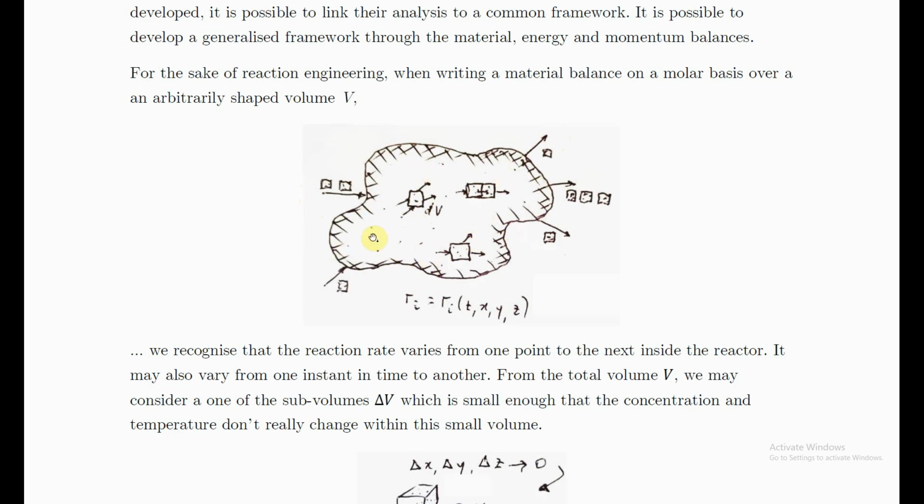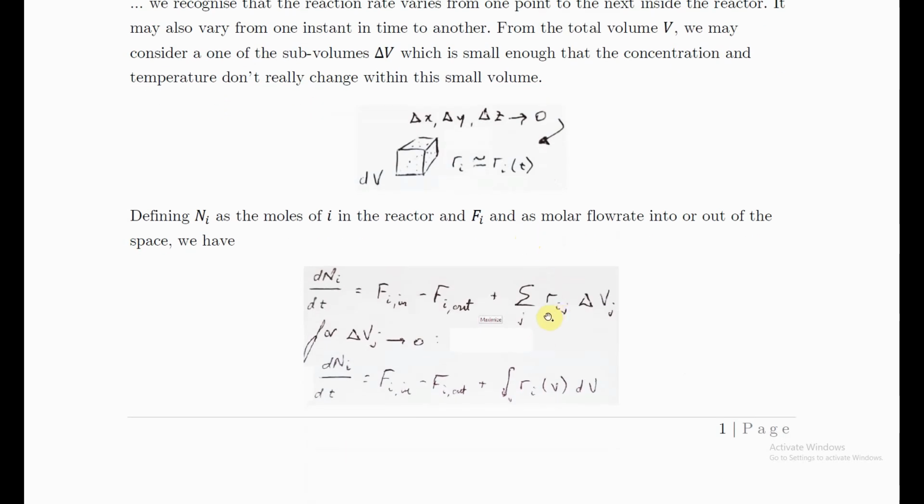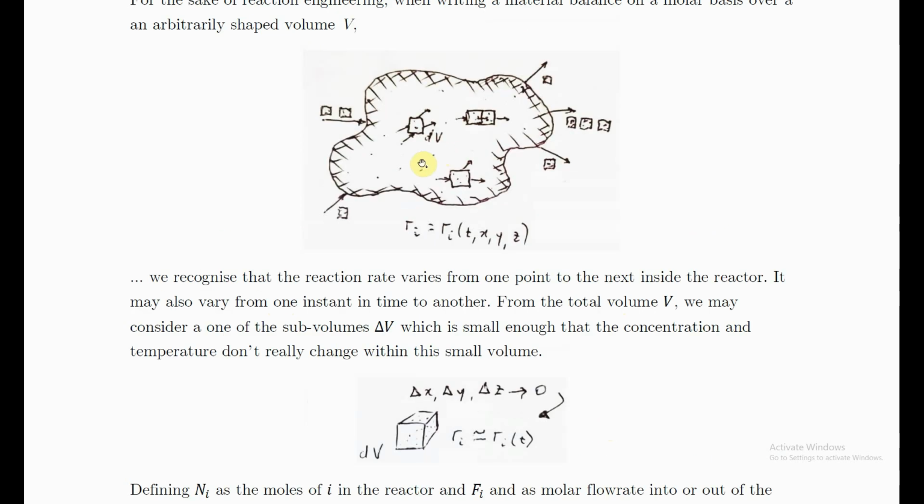So all the complexity that we had discussed earlier is now allocated, if you like, into this reaction rate contribution. Okay, so that's how we can think of this material balance over this complex space.